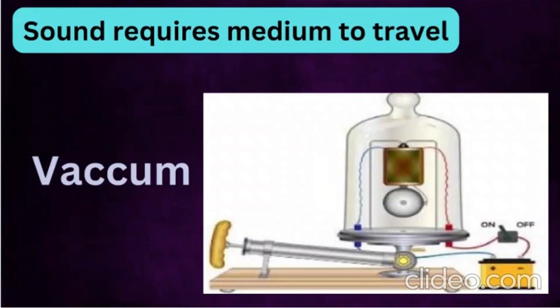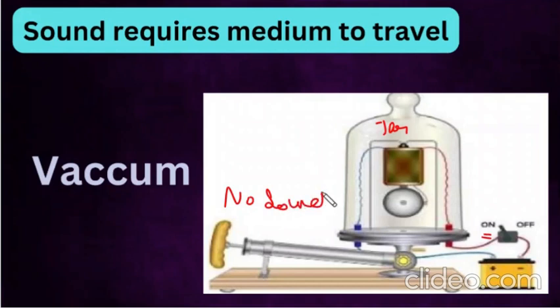Now the next example is of vacuum. If you ever try this activity in a school lab, you can understand. It is the same scenario, but I will suck out the air. Now in the jar there is no air, it is a vacuum. Now if you switch on the bell jar, no sound will come.